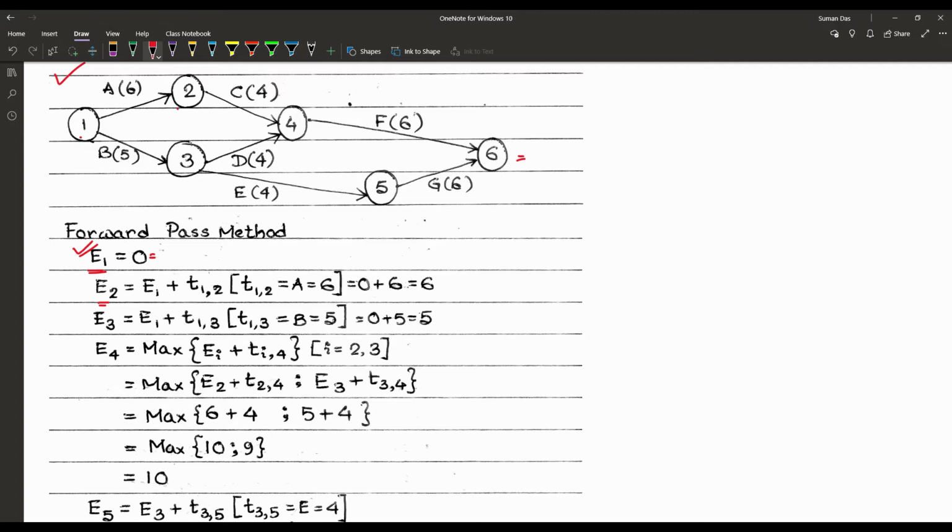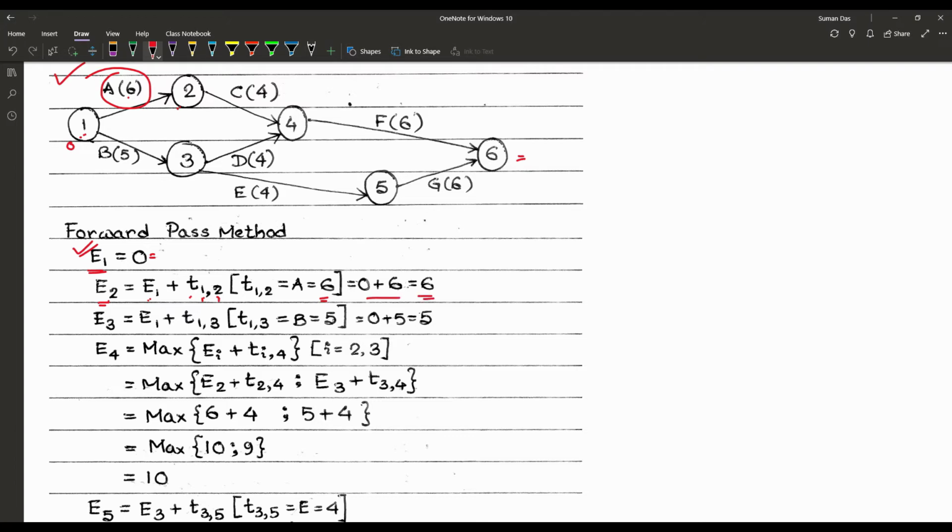There is only one way to reach in the node 2 from 1, that is using the activity, that is A. So E2 is equal to E1 plus T12, that means the time from 1 to 2, and that is already given, that is 6 using the activity A. So E1 is starting from the value, that is 0. So 0 plus 6, that is our E2 or 6.